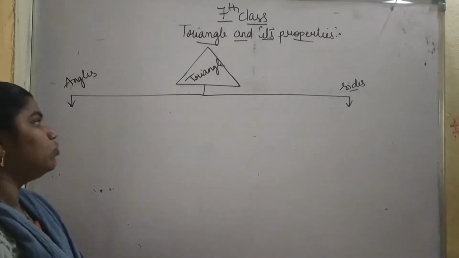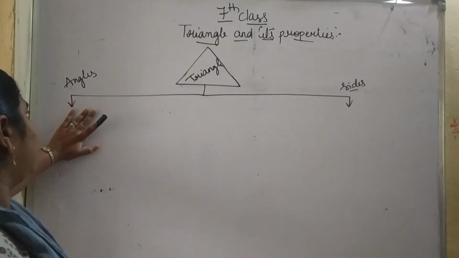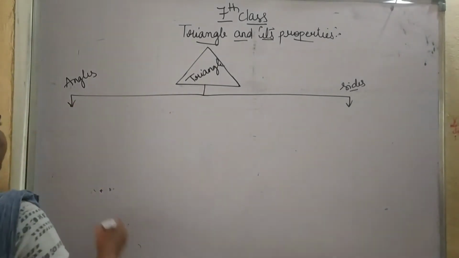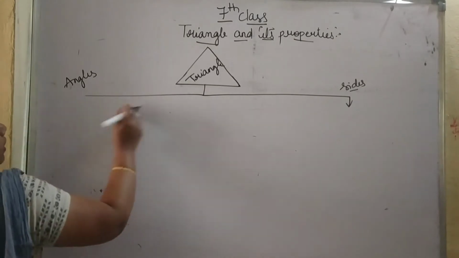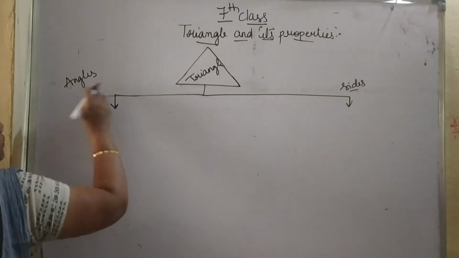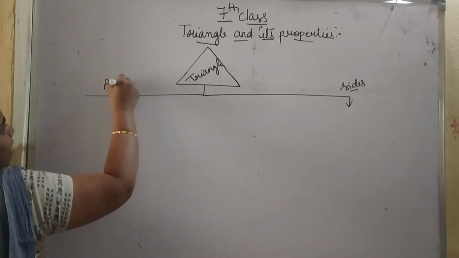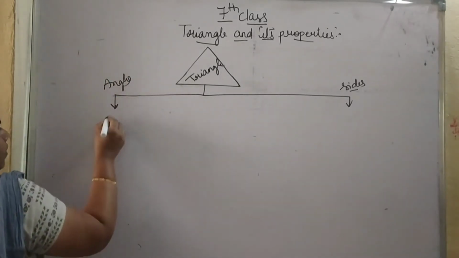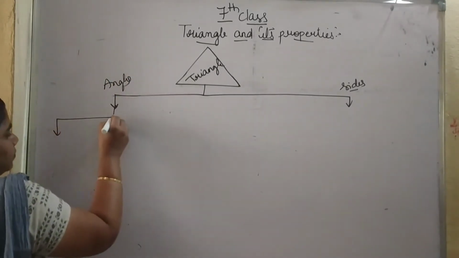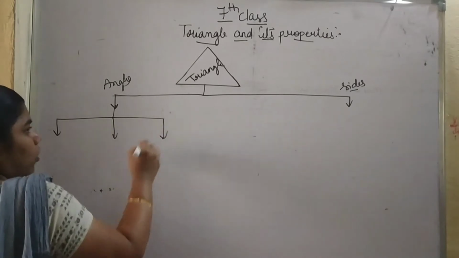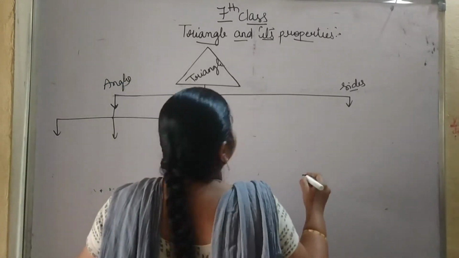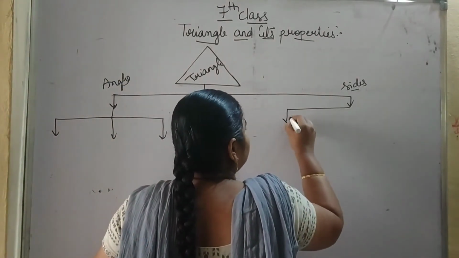In angles we are having 3 different types of triangles. Based on these angles we are having 3 different types of triangles, and based on sides also it has been divided into 3 types.